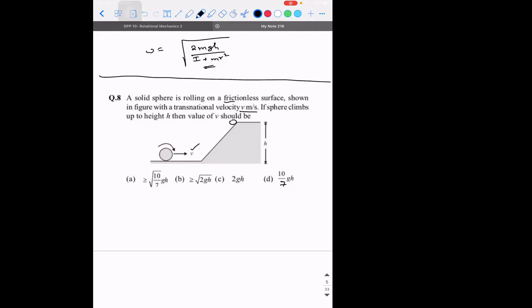They've told us it is a frictionless surface. When I say frictionless surface, energy is conserved because there is no non-conservative force. So if I take this point as A and this point as B, what is the total energy at point A? If I take the ground as the reference line, tell me, what are all the energies possessed by the object at point A?